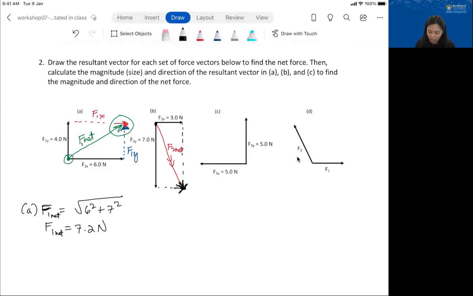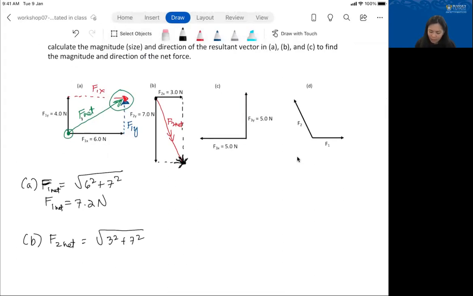So calculating the magnitude of the net force for B, for F2 net, again you do Pythagoras theorem, 3 squared plus 7 squared. Technically this would be a negative 7 squared, but it wouldn't matter because you're squaring, so the negative will disappear. So you should have 7.6 newtons.